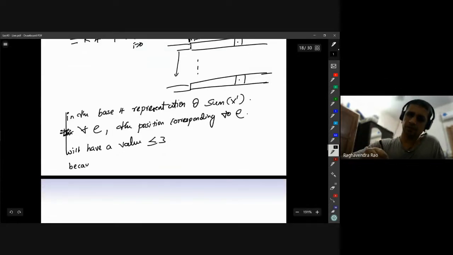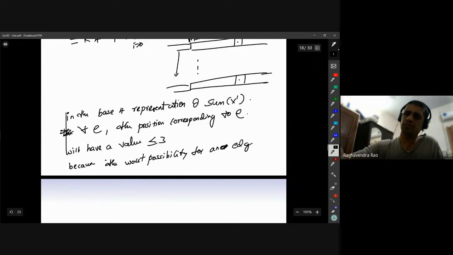Because the worst possibility is, for an edge e equal to uv, that uv are in V prime and e is in E prime.